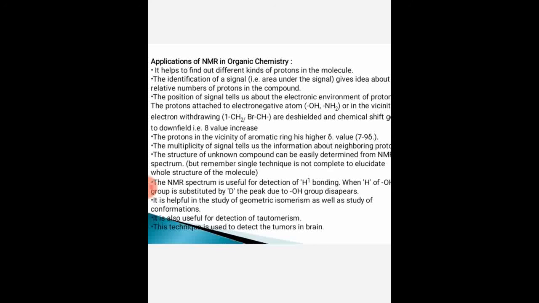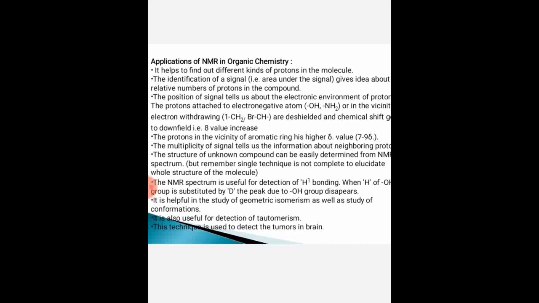Then it also gives the peaks of OH and NH2 protons, which are exchangeable with D2O. By exchanging OH and NH2 with D2O, those peaks disappear. It clearly gives an idea about the peaks of OH and NH2. This is the main application of NMR spectroscopy.